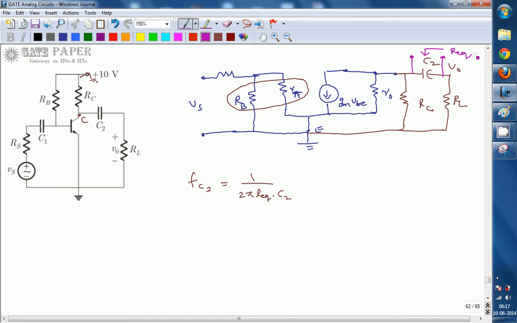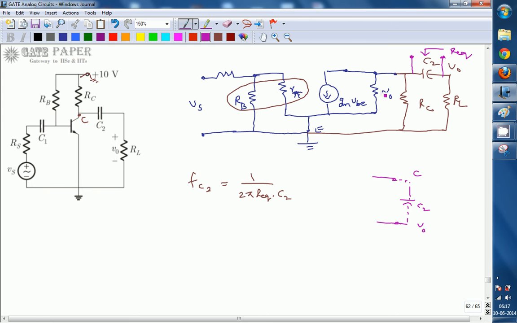So let us assume this is R equivalent and it is the capacitor terminal, where you are going to connect a capacitor of C2. This will be treated as collector and V0. From the collector there is a resistance R0 and RC.